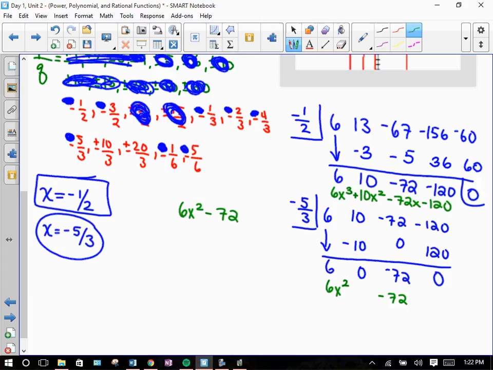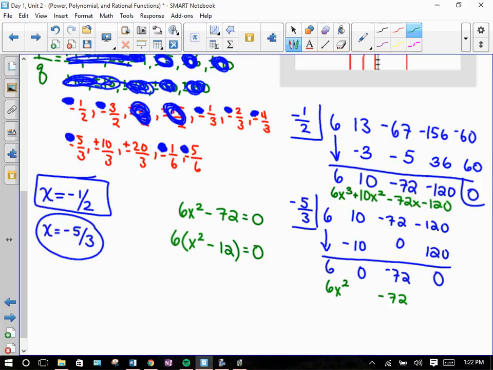Alright? I can take this and set it equal to 0. 6 times x squared minus 72 divided by 6, that would be 12.